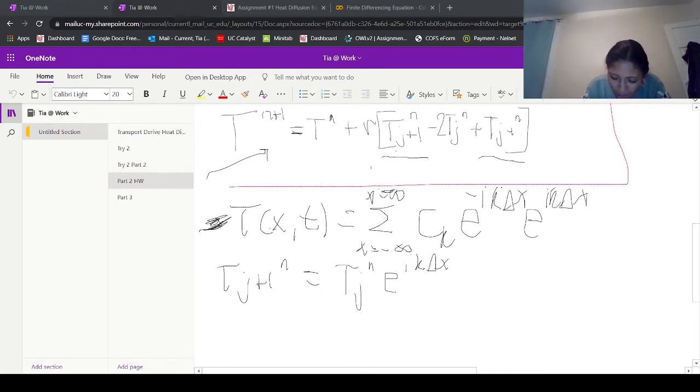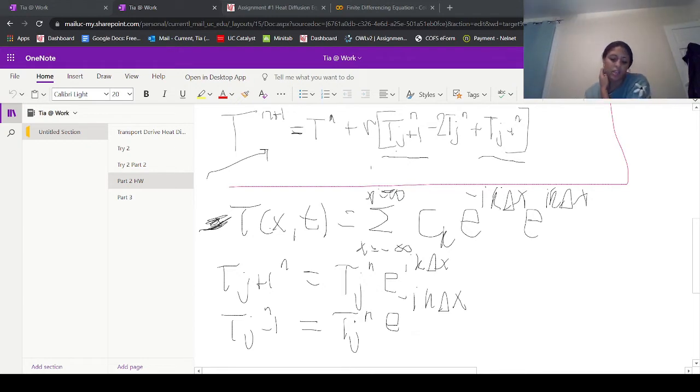Okay, so then T j minus 1, and then we have T j to the n at that time n. So then we have T j to the n, we have the e, that looks like a theta. e to the negative imaginary number k change in x.